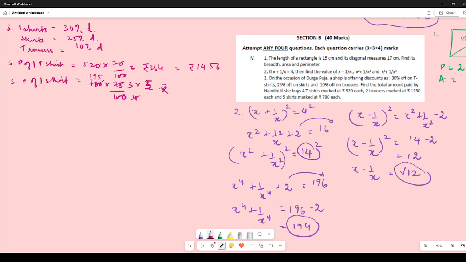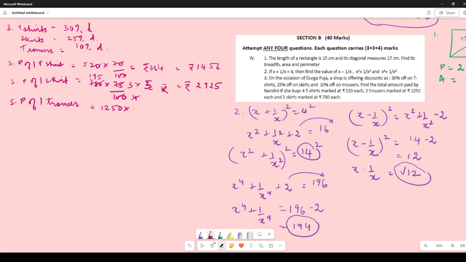So 5 skirts, you multiply it with 5 as well, and you get the total price as 2925 rupees. Alright. Now let us find out SP of one trouser. SP of one trouser will be what?